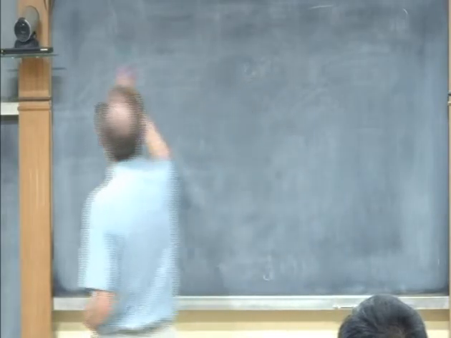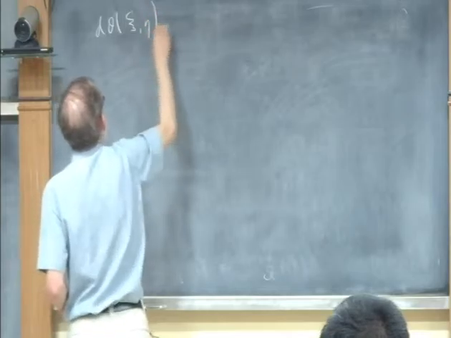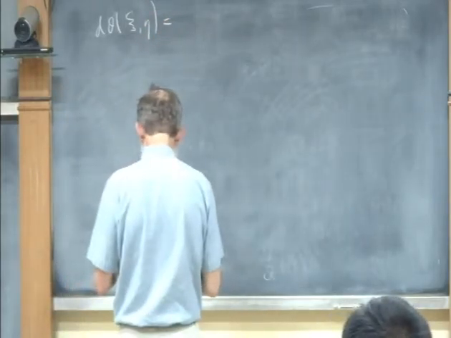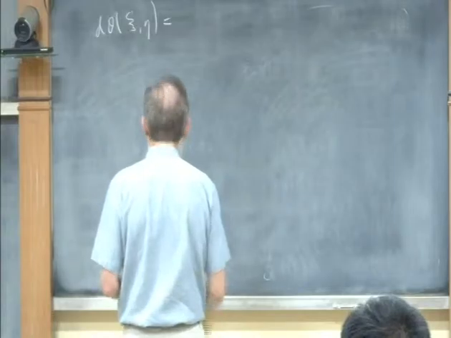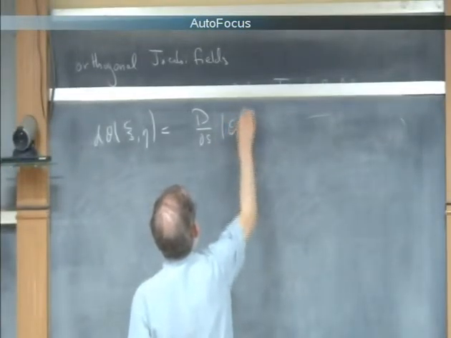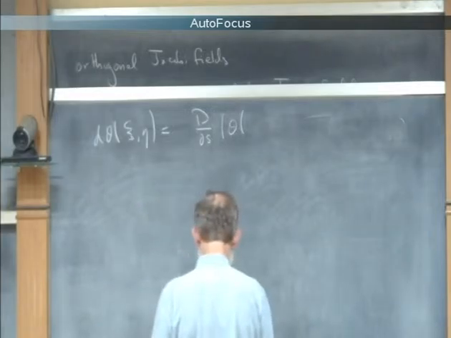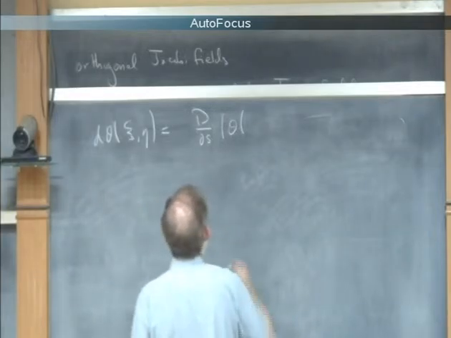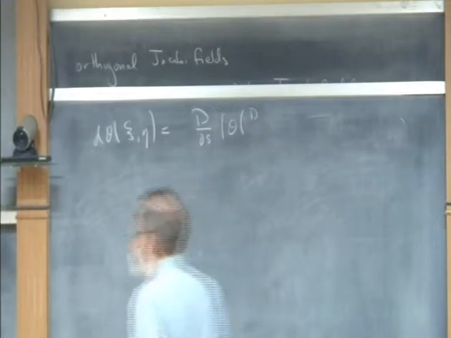So I have to work out d theta of xi, eta. So what I've got to do is, well, let me just write down, I'm going to do the derivative of theta of v.